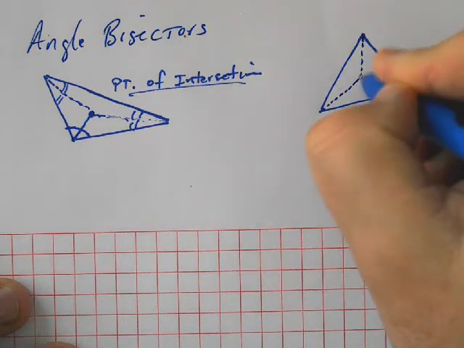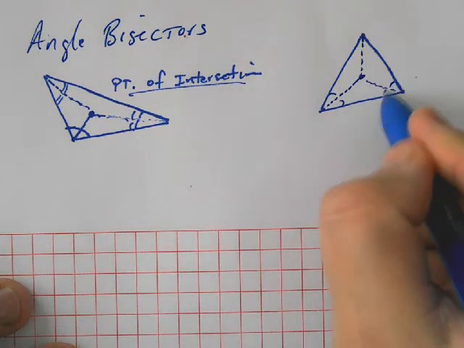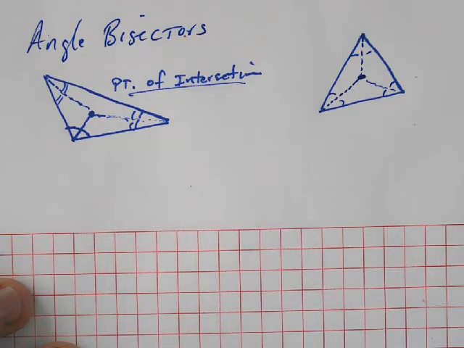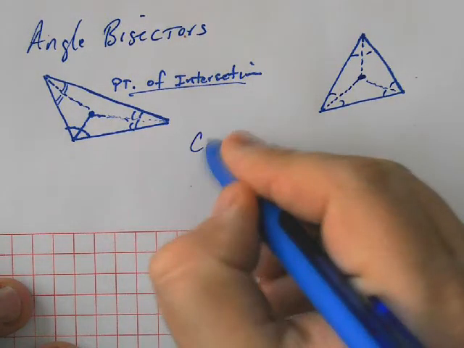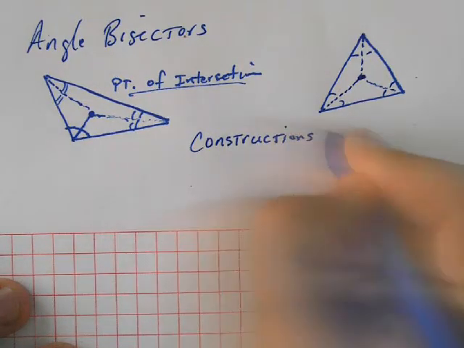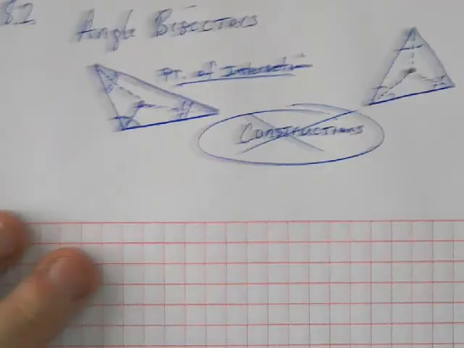Bisect. And they all are going to meet here. Okay. Angle bisectors, point of intersection. Don't worry about constructions. We've already done all the constructions. You don't have to worry about anything like that. Okay? That's that.